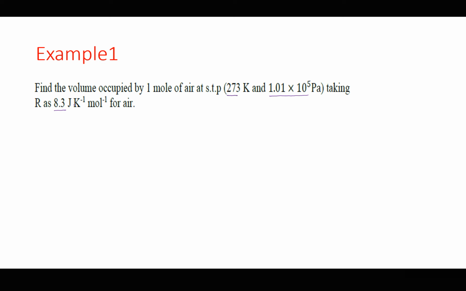So assuming air is behaving as an ideal gas, then we can simply say PV = nRT. We want to find the volume, so volume is going to be equal to nRT divided by the pressure. Number of moles is 1, molar gas constant 8.3, temperature is 273, divided by the pressure, which is 1.01 times 10^5 pascals.